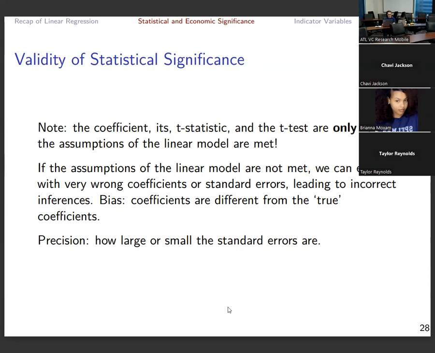If I'm looking at something like wages, and I have really big amounts of data, and I'm looking at two demographic groups, and the difference between their means isn't all that big, but because I have so much data and so much precision around it, it says that it's statistically different.